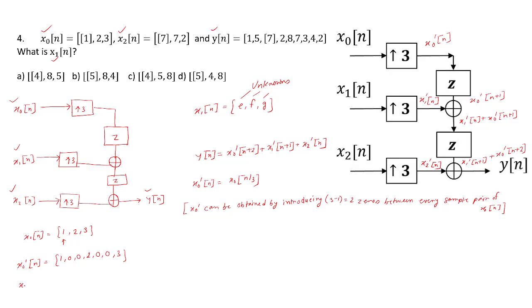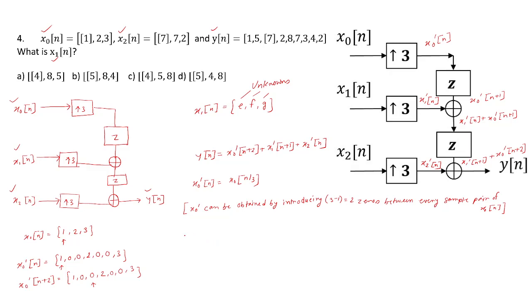And when you advance this sequence by 2, that means you are moving the sequence to the left, to obtain this sequence.